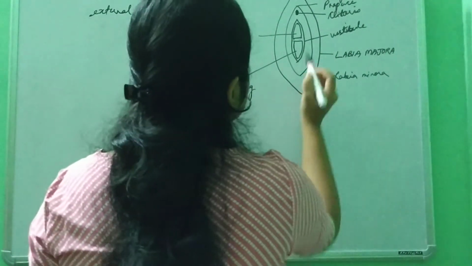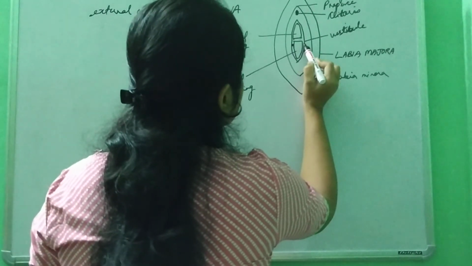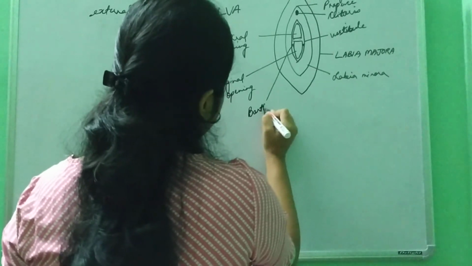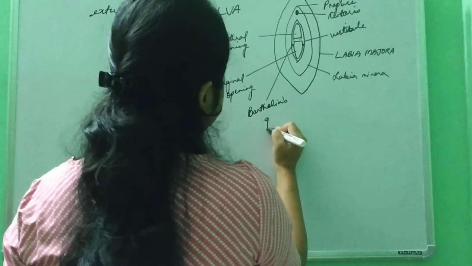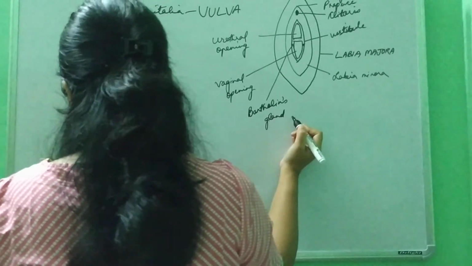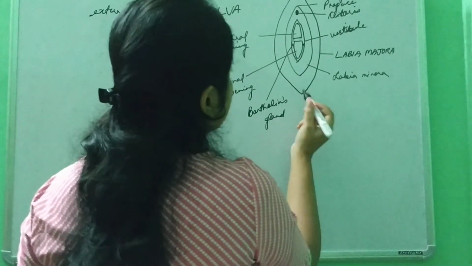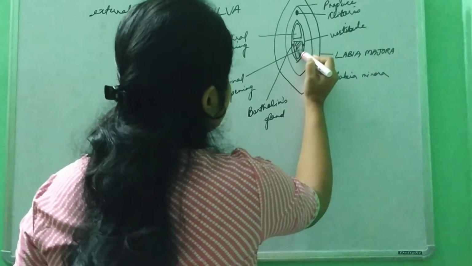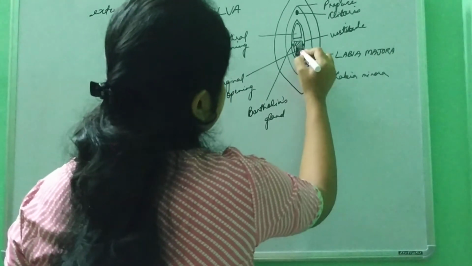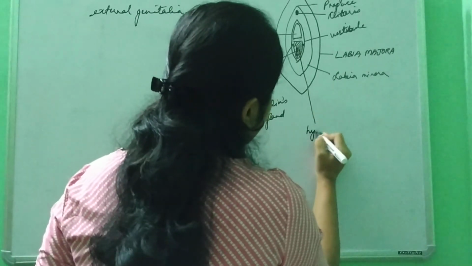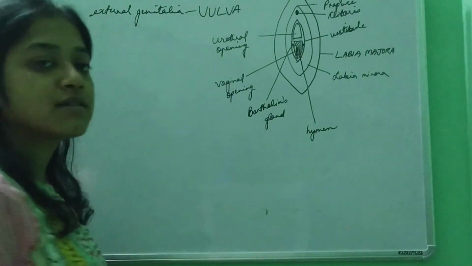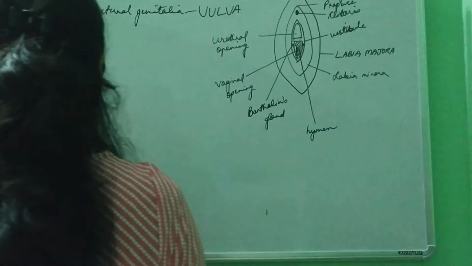Alongside the vaginal opening, here are two glands. This is the Bartholin's gland. And here in the vaginal opening, I told you the membrane will be present in virgin females. This is the hymen. So this is the structure of the external genitalia in females.